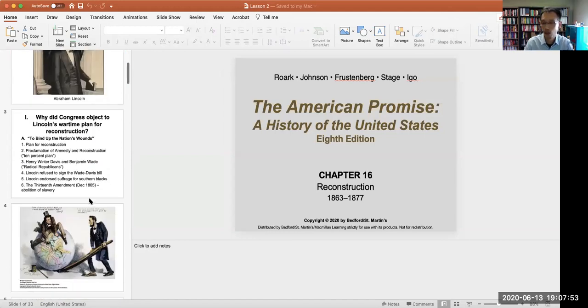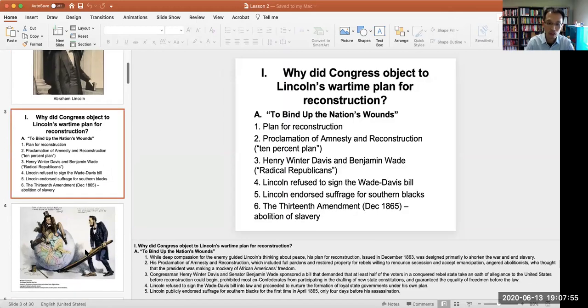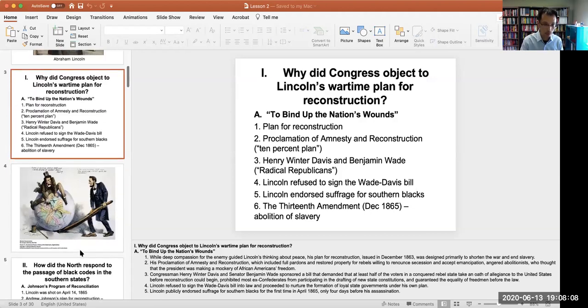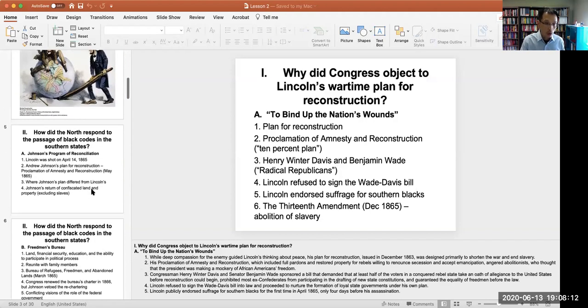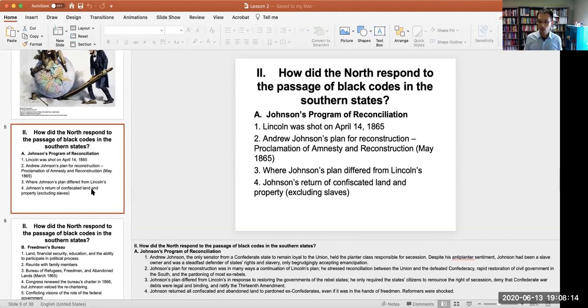We also talked very quickly about how radical Republicans responded to Lincoln's plan. So you should also be able to discuss the central tenets of radical republicanism. We then talked about how Congress responded to the situation, what the Northern Republican government did to bring to life its vision of Reconstruction.